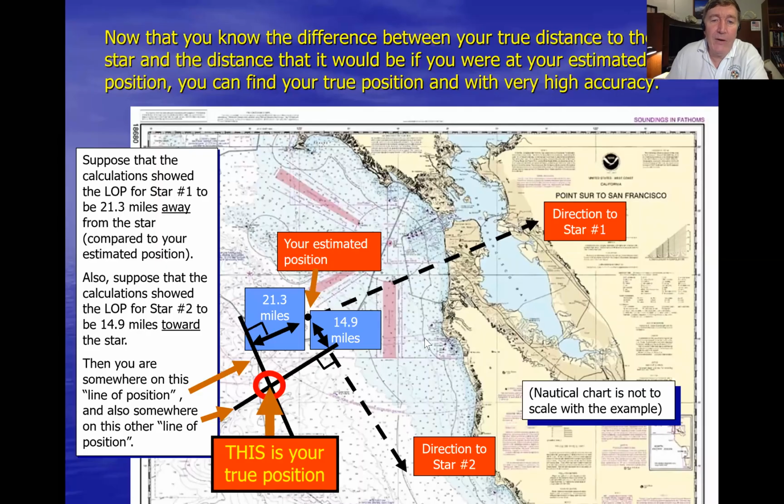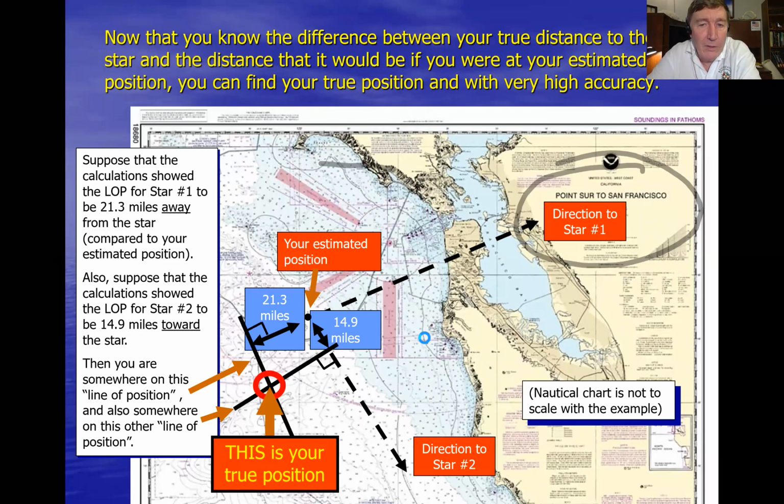Okay. Now, I'm cheating here on this slide. I am using an actual nautical chart. 99% of the time, you are not going to be able to use a real nautical chart because you're not going to be close enough to the coastline for a nautical chart to be any good. So you're going to have to use a special chart called an open ocean chart, which we will talk about in a few minutes.